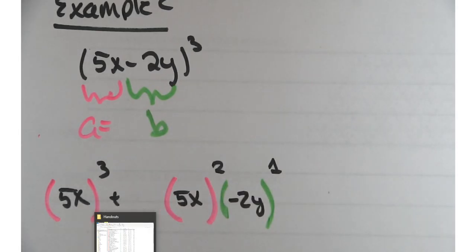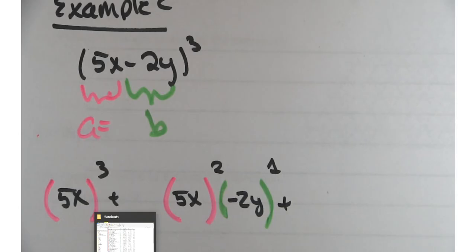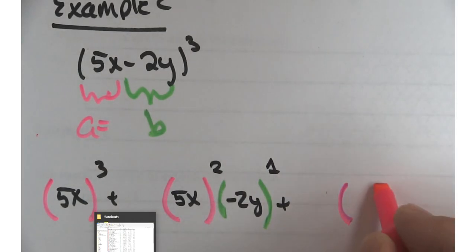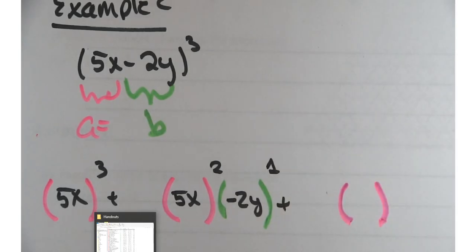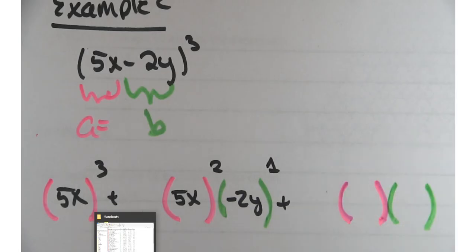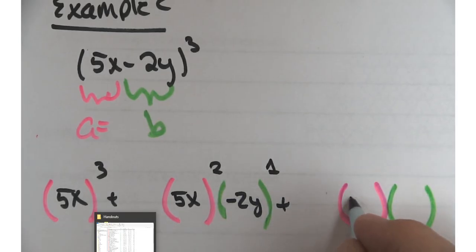And let's keep going. Then leave yourself a little room here, so maybe put a plus. Leave yourself a little room because we got to go back and put in a coefficient. I've got another 5x and another 2y. So 5x and minus 2y.